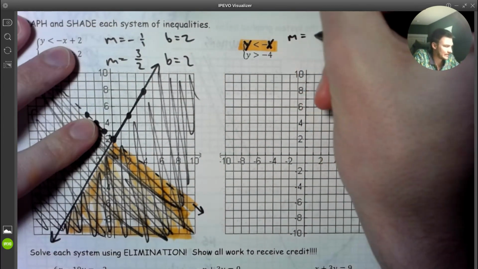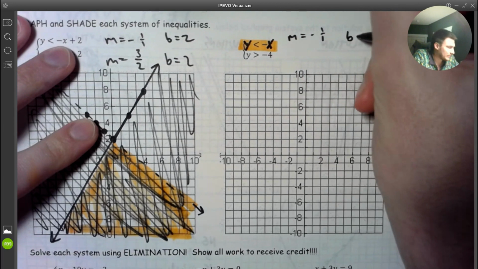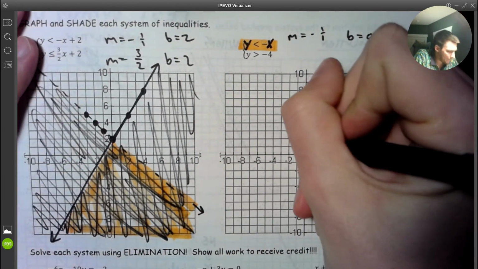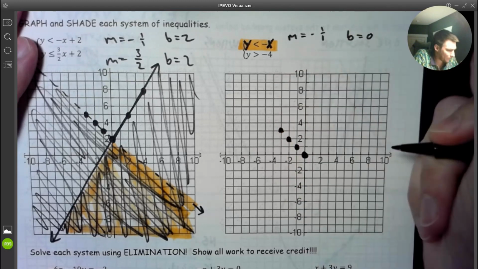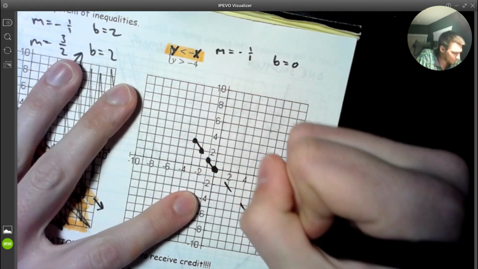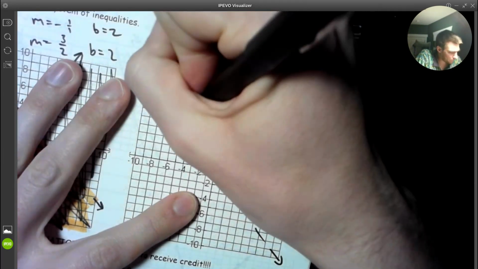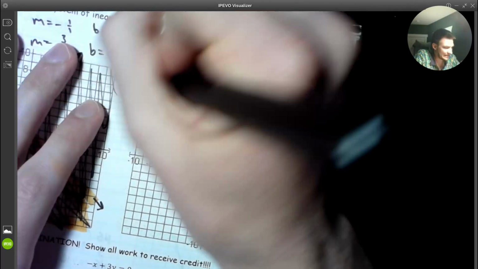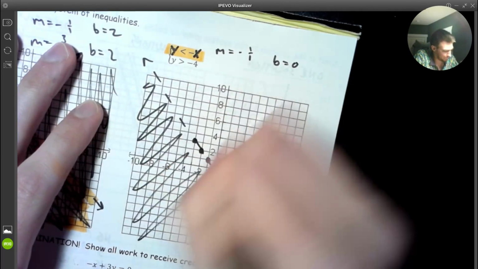So we still have the m, and we still have the b. This is a dashed line. And this is a less than, so I need to color down here.